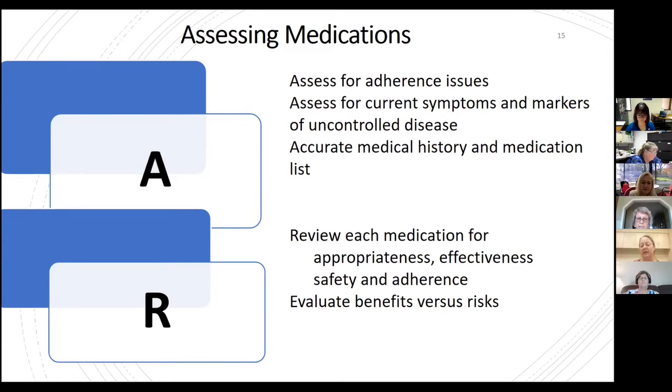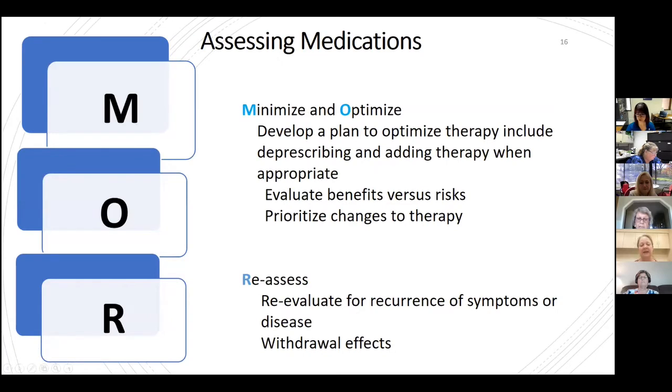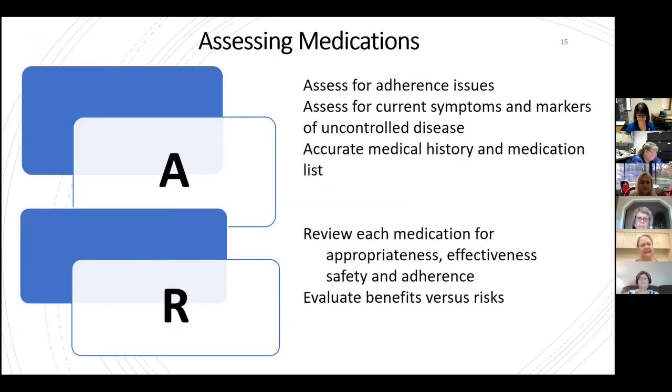The R stands for review, and we review each medication for appropriateness, effectiveness, safety, and adherence, and evaluate the benefit versus risk of each medication. That changes as patients' disease advances, so the benefit versus risk of medications may change as well.